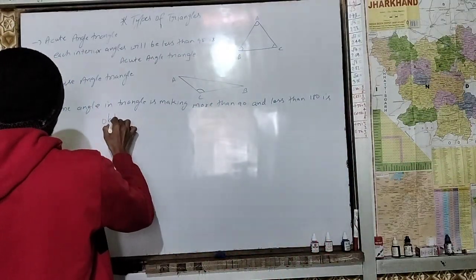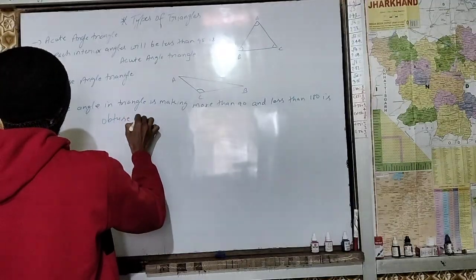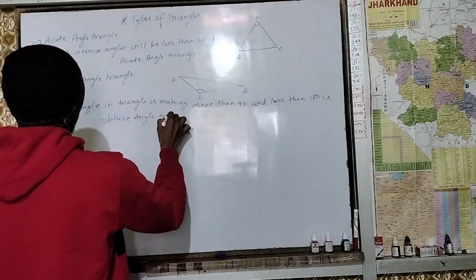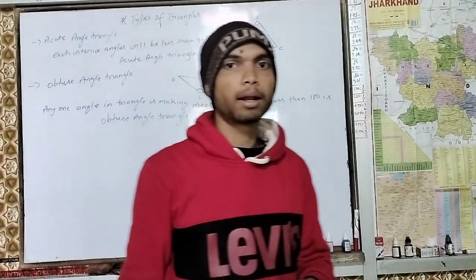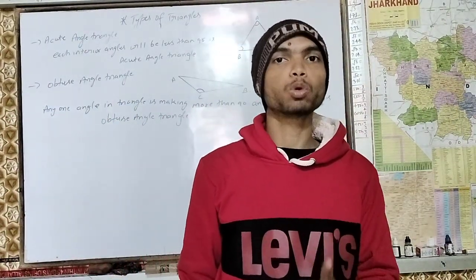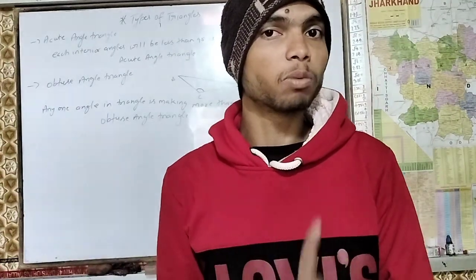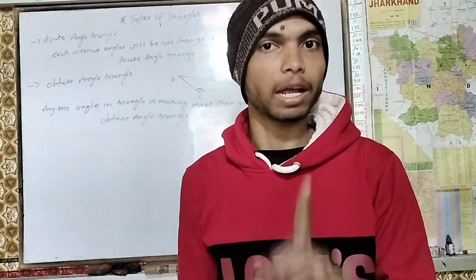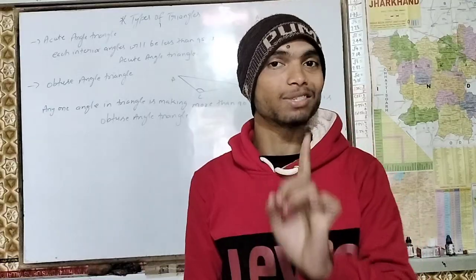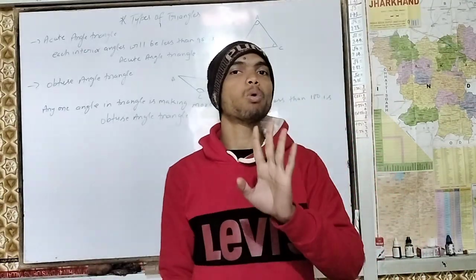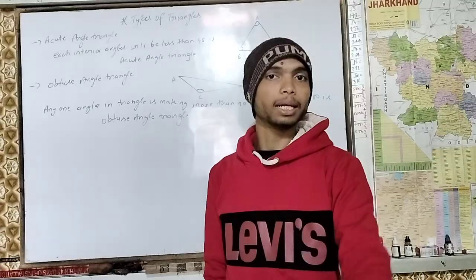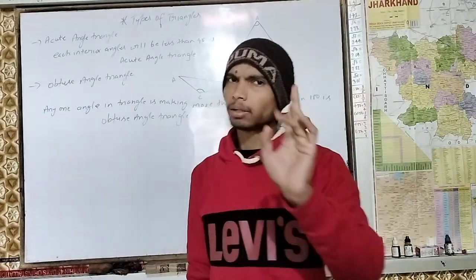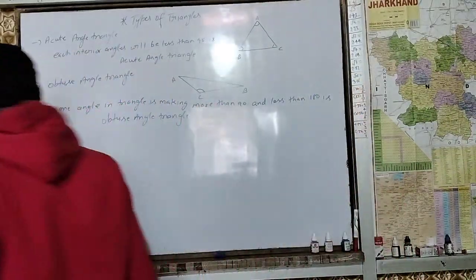Okay, obtuse angle triangle. When it comes to obtuse angle triangle, we observe only one angle. If one angle in the triangle is making more than 90 degree and less than 180 degree, it is going to be what? Obtuse angle triangle.